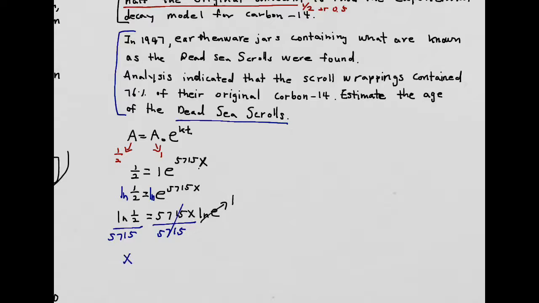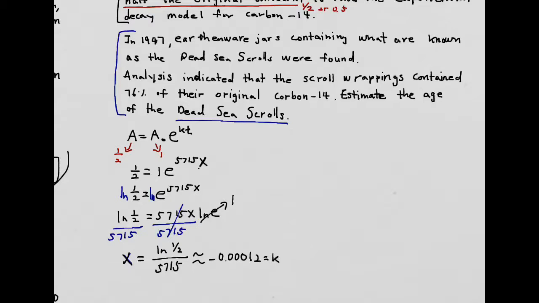So your k is the natural logarithm of 1/2, or 0.5, over 5,715. And when you plug those numbers into your calculator, you will get about negative 0.00012. So that's going to be your rate.